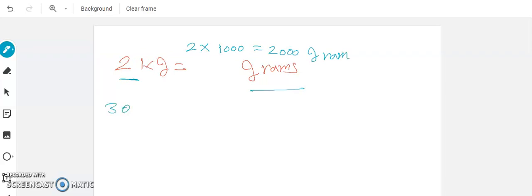Another example, 3000 grams, you want to convert them into kilograms. In this way we will divide 3000 divided by 1000 will equal 3 kilograms.